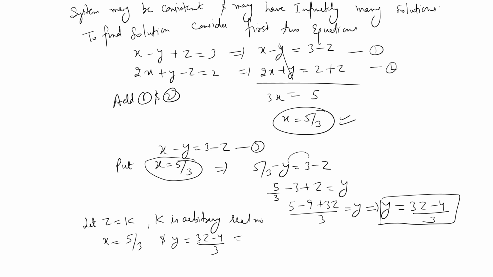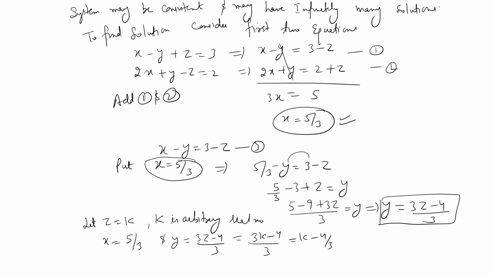Which I can write, because I'm taking z as k, as 3k minus 4 by 3, or it can be written as k minus 4 by 3. Now, as k is your arbitrary real number, keep on changing k, y will change accordingly, right? So x is only fixed here, so therefore this system will have infinitely many solutions.